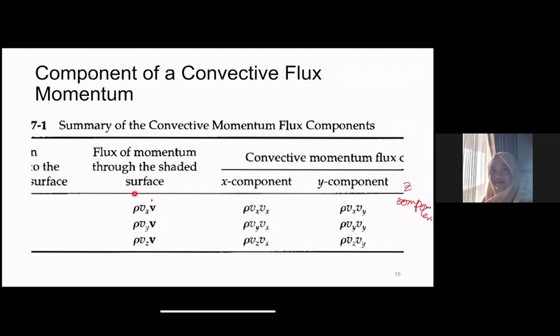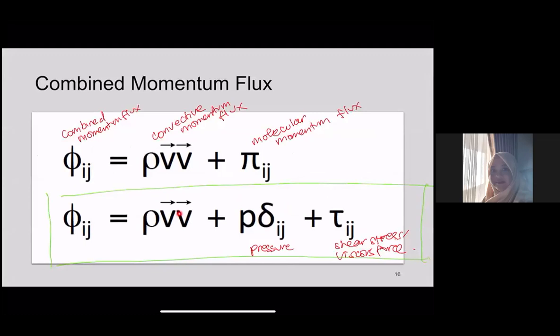But each v is a vector, right? And any vector has a parameter, the direction, with x, y, and z components. So if you consider this one, why I cannot make it v square is because this has 3 components and this has 3 components, so you have to consider 9 components. Oh, I see, ma'am. Thank you. Okay.